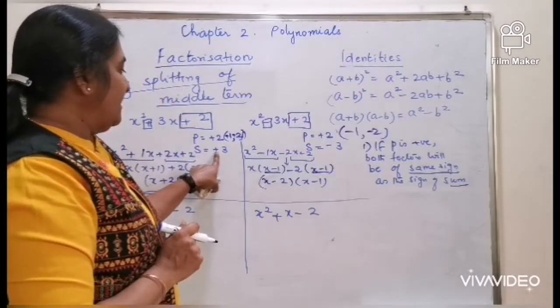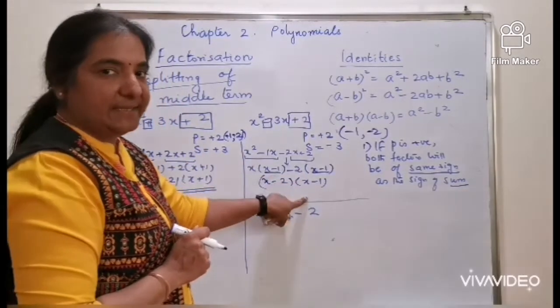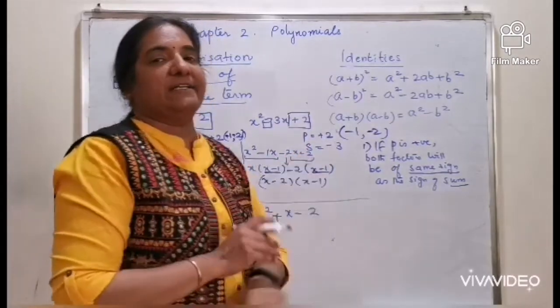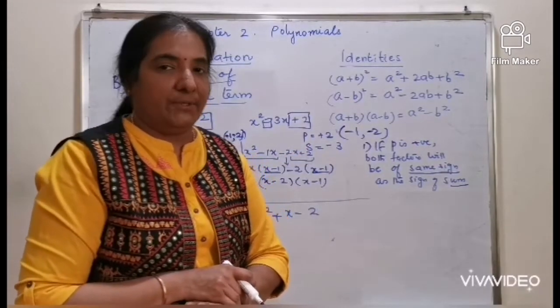If the sign of the sum value is plus, both the factors will take plus. If the sign of the sum value is negative, both the factors will take the negative sign.